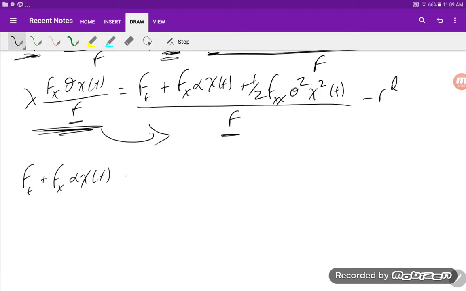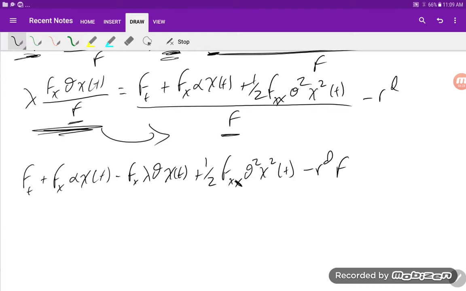Then it's going to be minus first partial to x lambda sigma, plus 1/2 second partial to x, and then minus r d f, because remember we multiplied through by f, and that's going to equal 0 since we moved everything to one side.